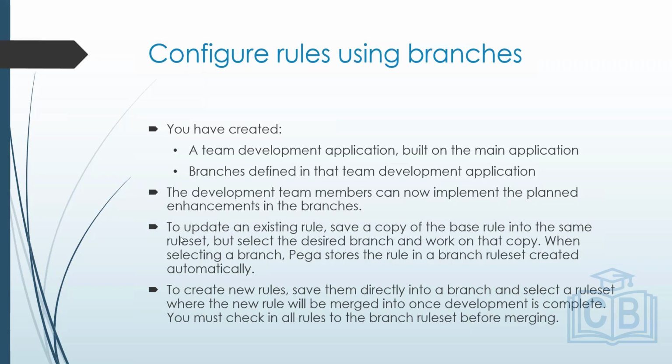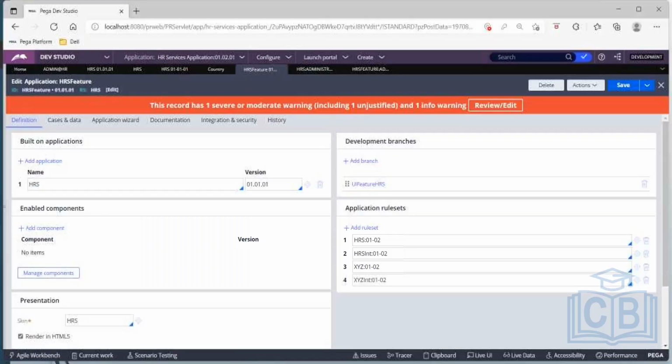If you are dealing with an existing rule that you have to modify, what you should do is save that rule into the branch and then work on it. Whereas if you have to create new rules, directly create them in the branch. So let's see how we can do that.